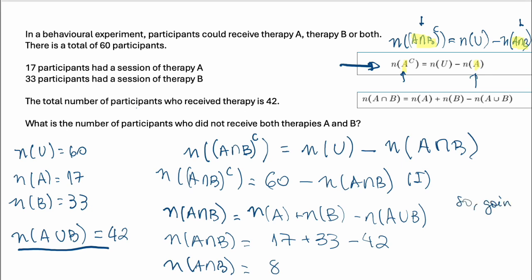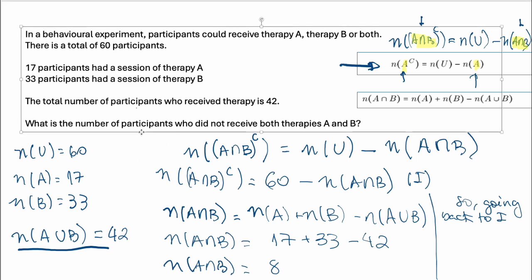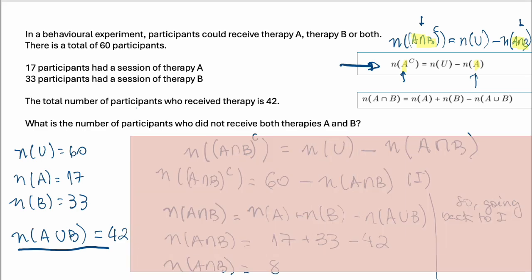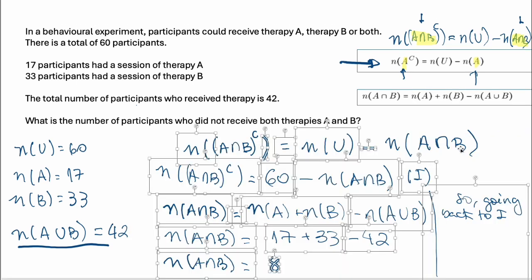So going back to 1, I can finish my calculation. Okay, let me get some space here. Oops, sorry. I'm gonna get some space.